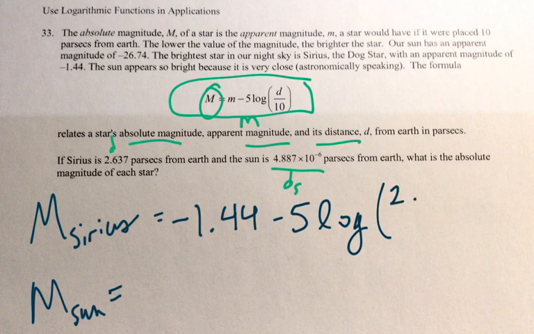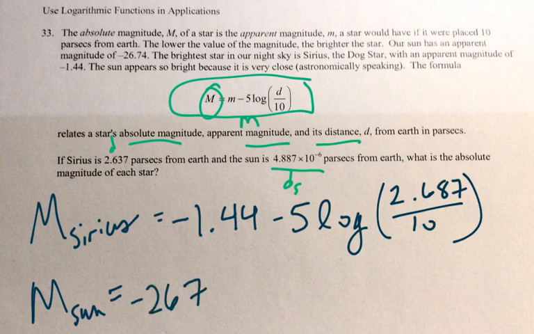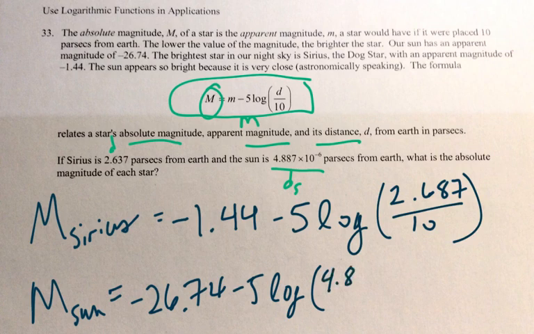It's assumed because they didn't write it out. And for the sun, it's going to be negative 26.74 minus 5 log of 4.887 times 10 to the negative 6 over 10.